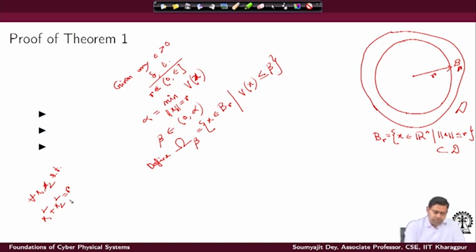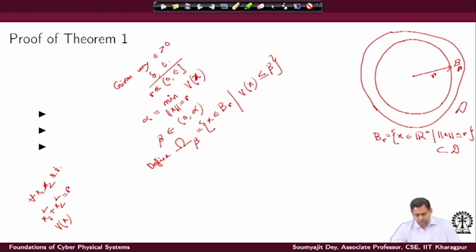And for all such points we are saying that let us evaluate V x and see what the value of V x is, and then you will get that value. This can be computed.